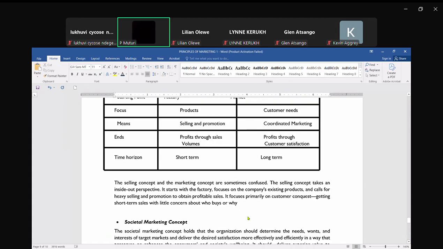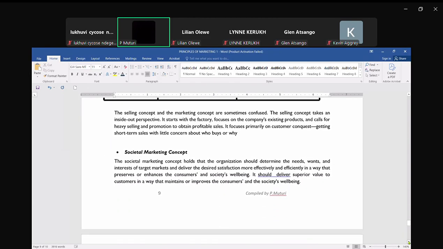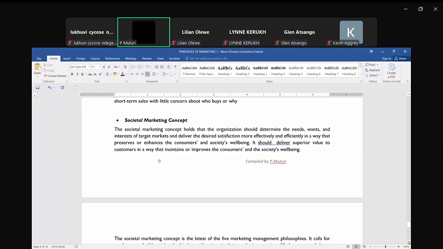So for you not to be confused, you can look at the differences between the two on those parameters that we have on the first column. So I'll leave you to do that, compare and contrast the selling and the marketing philosophies.